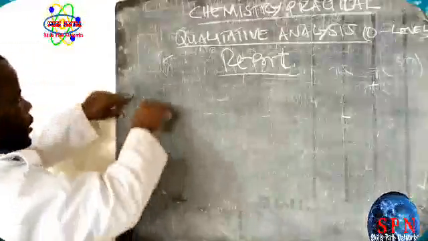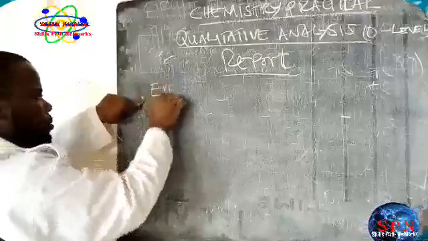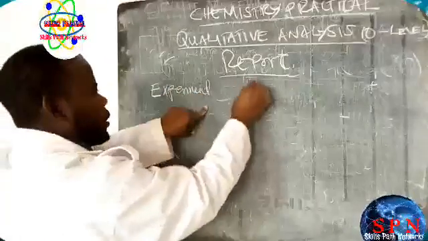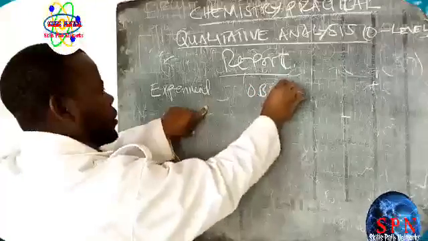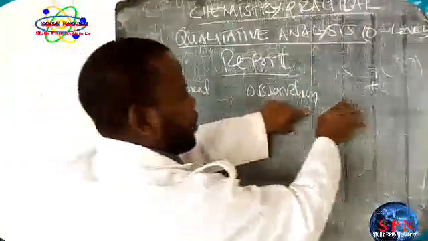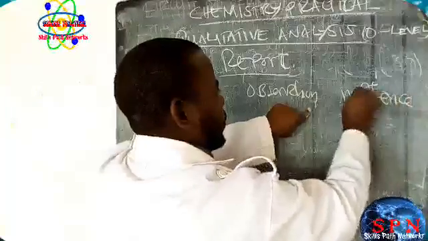has 3 columns. The first column has the experiment. The second is the observation. Then the third, you are going to see the inference.